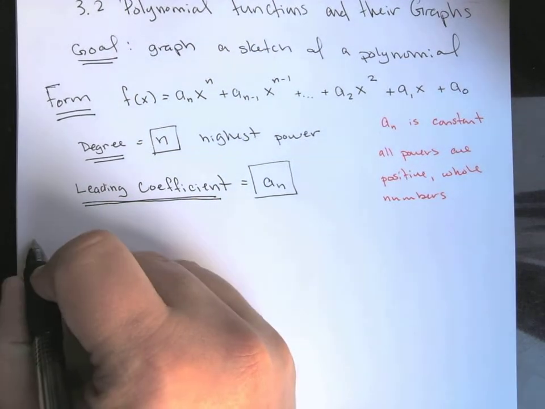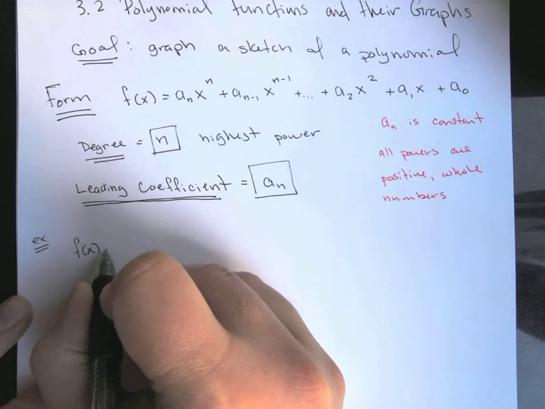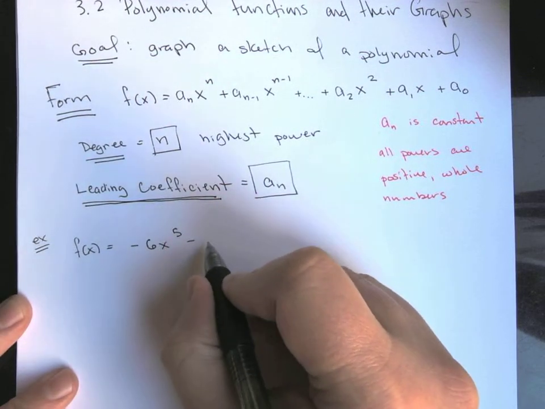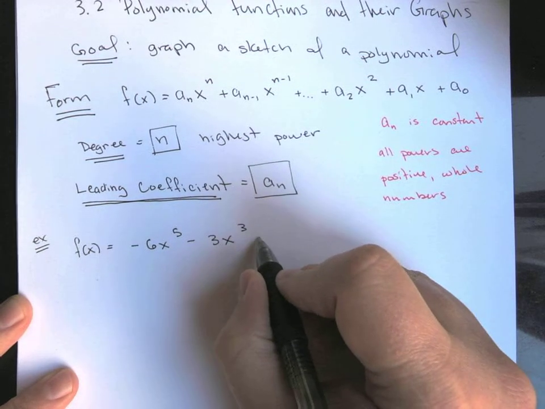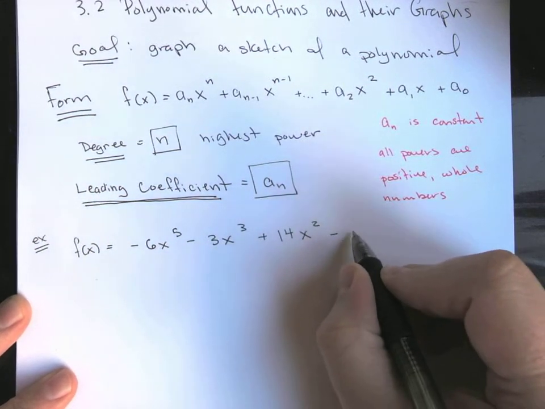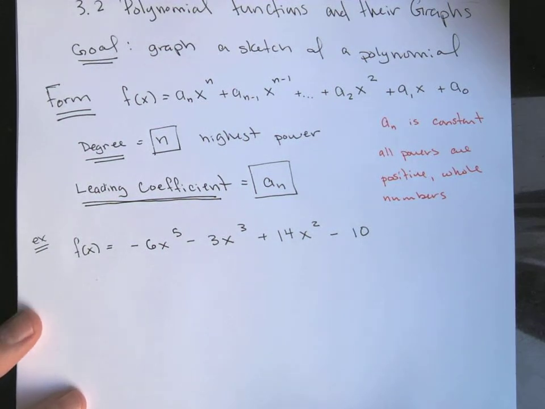So say, for example, maybe I have negative 6 x to the 5 minus 3x cubed plus 14 x squared minus 10. Super generic polynomial. We're essentially just pulling numbers out of a hat here. We're not trying to do anything super fancy.